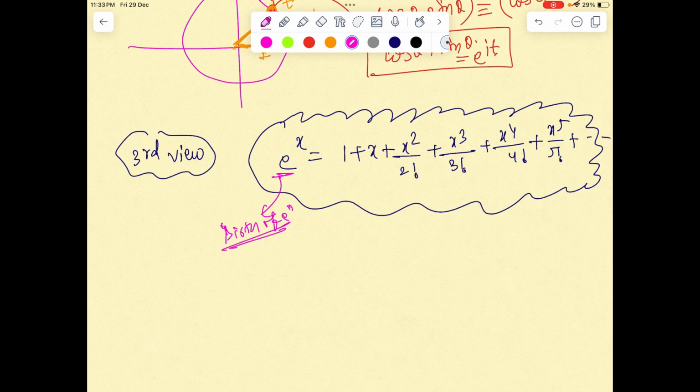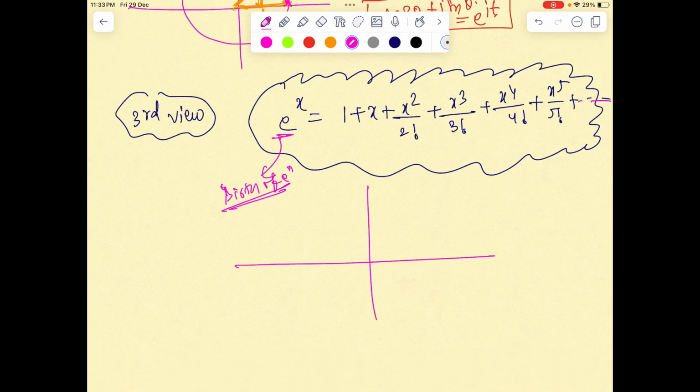In the logarithm video, I'll be discussing where e is born from and why it's so useful. So it's basically an infinite series. The essence of this series is, if we take the e to the power x graph, and let's take the first term, 1 plus x. So 1 plus x will try to haunt e to the power x slightly for some time, because at -1 it will be 0.